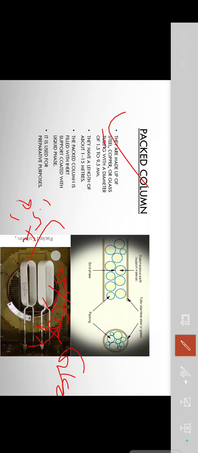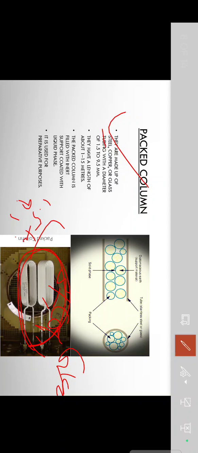You can see the length of the column, so it is very long. So listen, the less the diameter of the column, the more will be the length, to flow the liquid or gaseous phase rapidly.